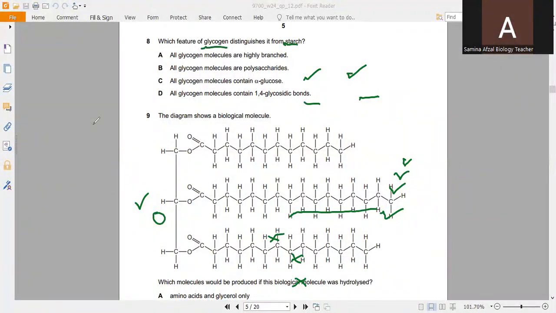All glycogen molecules are highly branched, and starch is more branched than the glycogen molecule, as starch is made up of two types of structure, amylose and amylopectin.